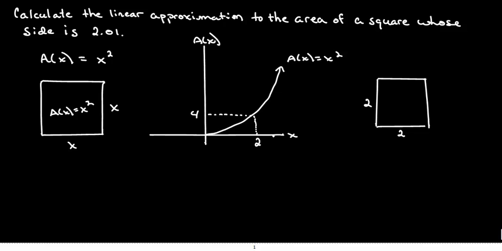Now what we want is, what about at 2.01? What is the area? That's what we're looking for. So we're going to get an approximation for that by throwing in a tangent line right here, like that. Okay.